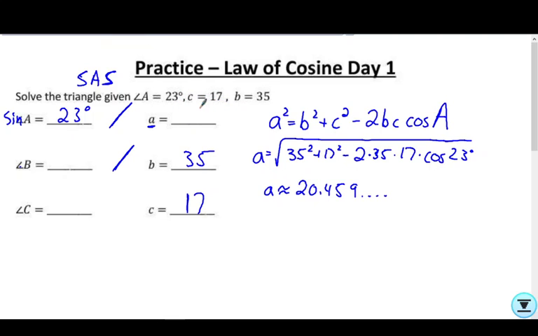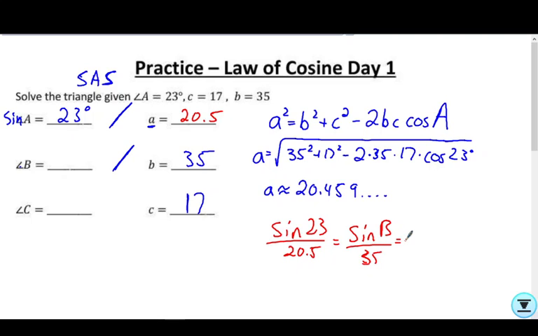So 20.5. Now that I have a ratio, I can start doing law of sines. So I'm going to come over here, and since I have sine of 23 over 20.5 equals the sine of B over 35.